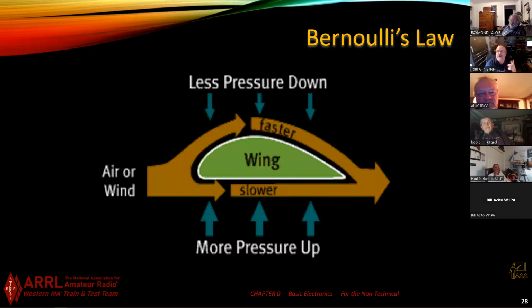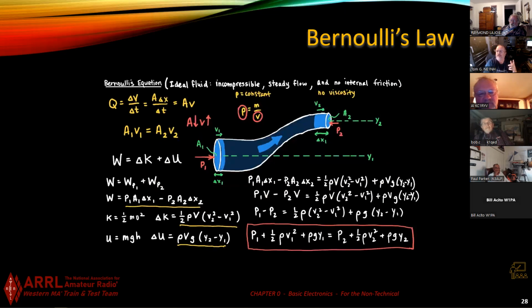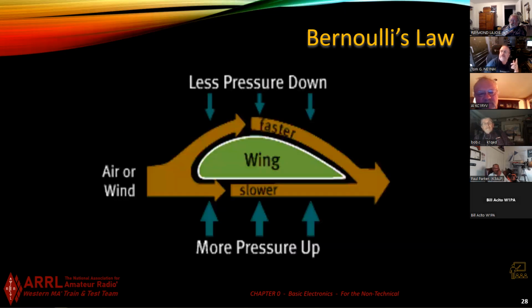Bernoulli's the one who figured that out, and he used all that fancy math to do that. We're going to ignore the math because that's what we do here. It's lower pressure on the top and higher pressure on the bottom. So the debate, and I've seen aerospace engineers and, no kidding, rocket scientists debate this. I really don't know the true answer because every time I bring it up, it's like the Ford Chevy argument.